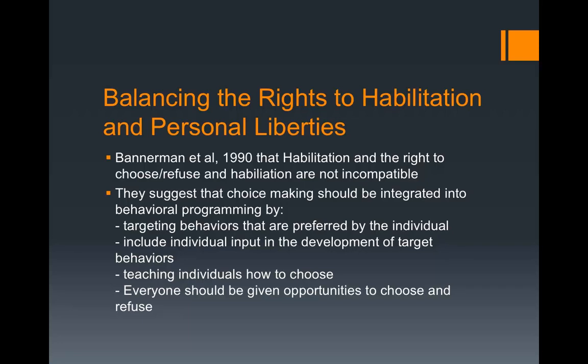But this is an issue we've got to face. You can't pretend and operate in a vacuum. We have to figure out how we can balance a person's personal liberties, rights to choose and refuse, with a person's right to have the most effective habilitation or behavioral training as possible.